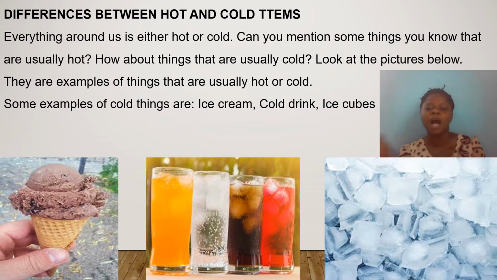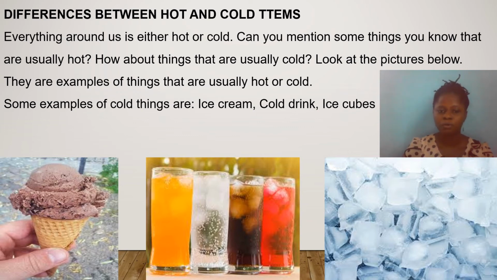Now how about things that are cold? Ice cubes, they are cold. Ice cream is cold. Iced water is cold. Chilled drinks, they are all cold. Now we are going to look at the pictures below. They are examples of things that are usually hot or cold.